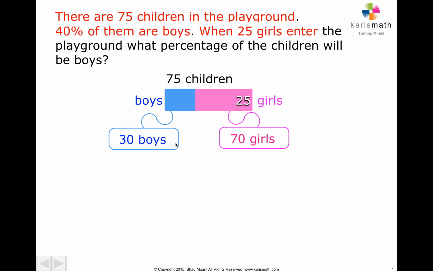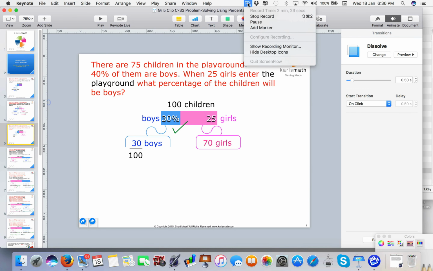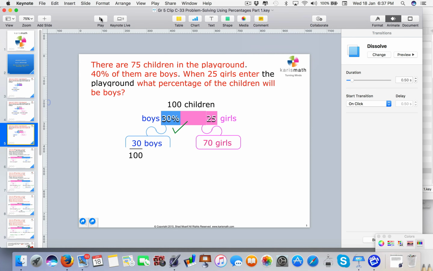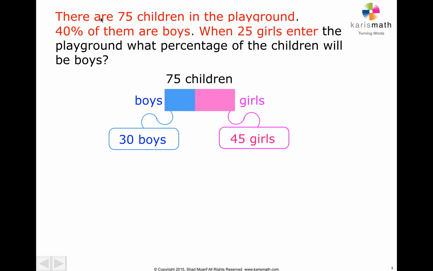So 70 girls and 30 boys add up to, so that comes to 25 girls, add 45 girls, that's 70 girls right there. So that's 70 girls here and 30 boys here. That makes 100 children.